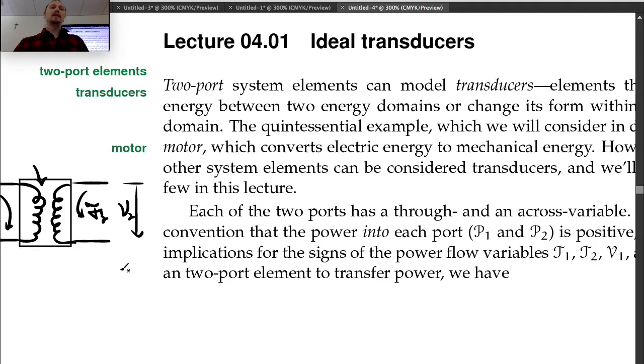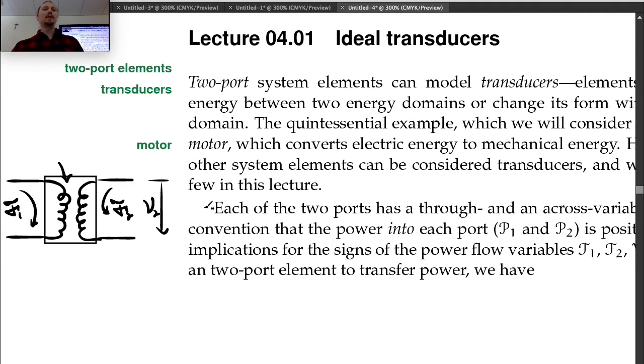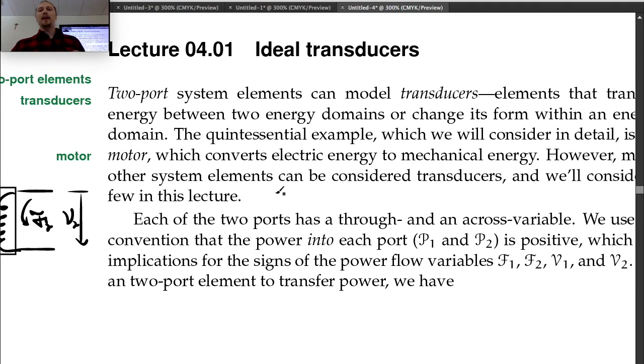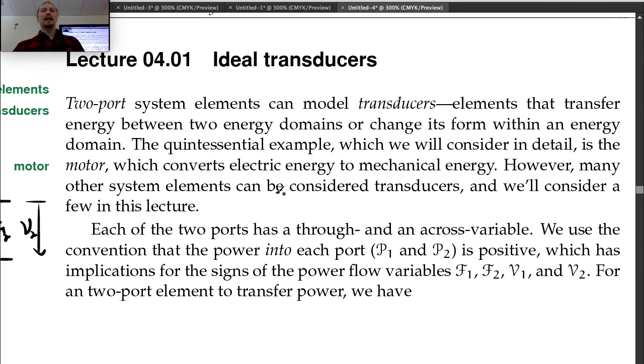So these two-port systems can model transducers, okay? A transducer is an element that transfers energy between 2 energy domains or changes its form within an energy domain. So it could take electronic energy and make it mechanical rotational energy.